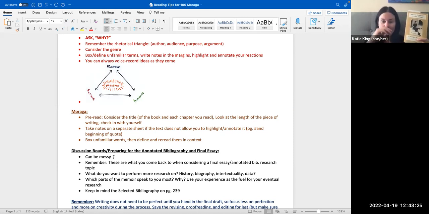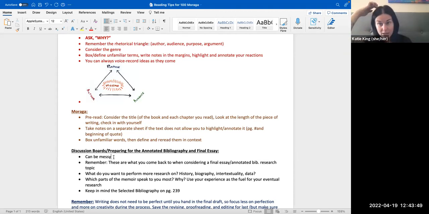And then keep in mind the selected bibliography on page 239 of this book, not of the Norton book. I want to show you this. If you look here at this selected bibliography on page 239 of Native Country of the Heart, it should look very familiar to you in that it looks like a works cited page.